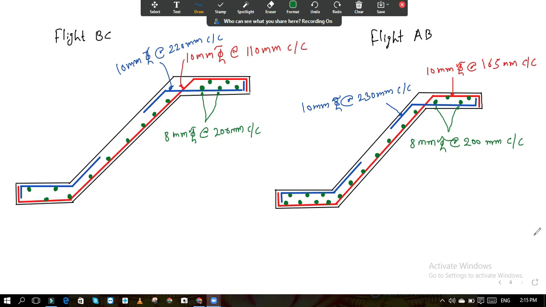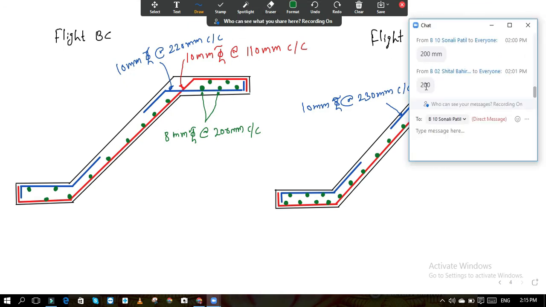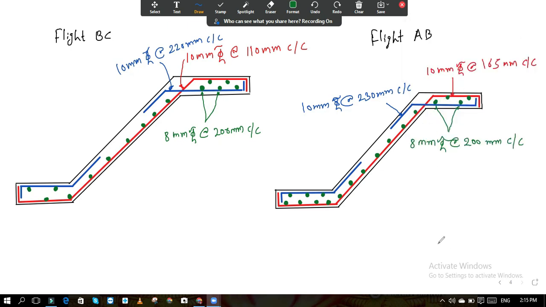Shall we move further? Is it over? So we will take the next problem.